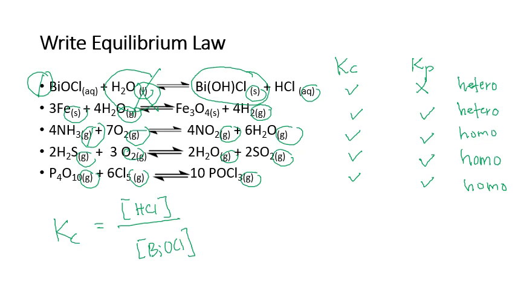Because they are liquid and solid respectively. Okay, I hope with these 3 examples, you will have a clear idea how to write the Kp and Kc expressions and also how to determine homogeneous and heterogeneous equilibrium.